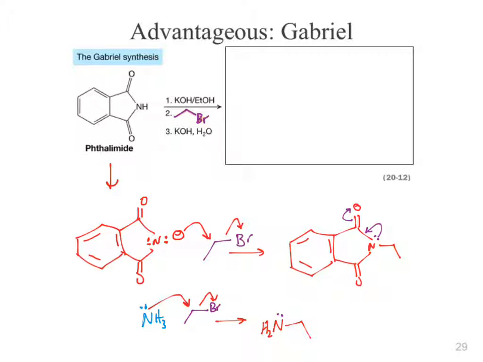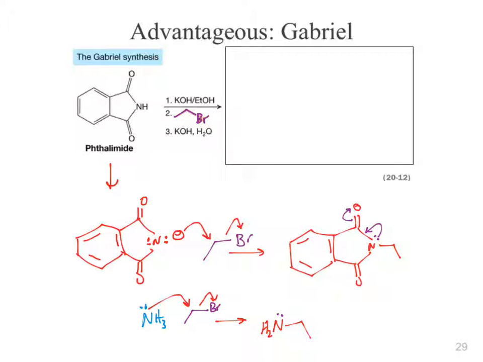Why does the Gabriel synthesis stop? The lone pairs are occupied by resonance. It is that resonance occupation that prevents it from continuing to react. So we did all of that to make a single nitrogen-carbon bond. You might then make the argument, okay, fine, let's just say I accept a 57% yield and I end up with the primary amine, the bottom case.